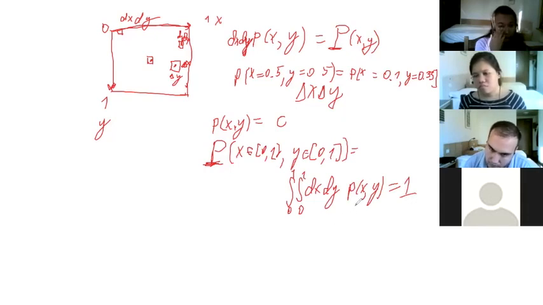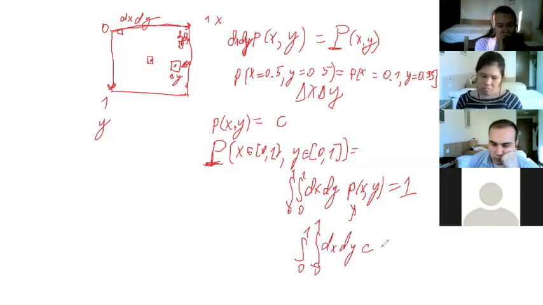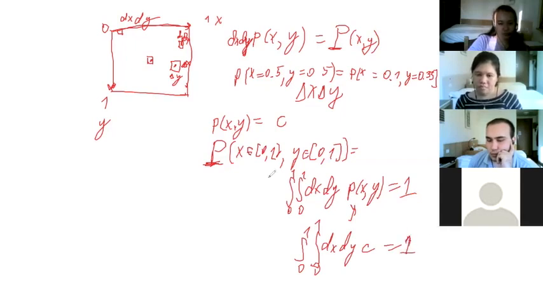And then we substitute our value c, right? So what does it give me if I integrate now? C, and C is constant. What is it equal to? C needs to be 1. 1, exactly. Because you can take C outside the integral.